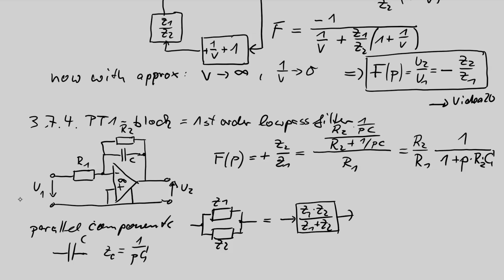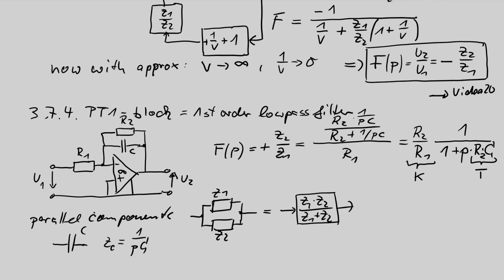Okay, in our PT1 we call this K. Now we have a new parameter named K, and we call the product of resistance with the capacitance always the time. This is the time constant of my filter. Let's use just the letter T, maybe you have heard or learned to use the letter tau.